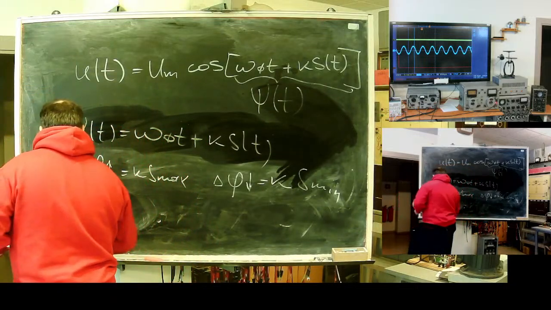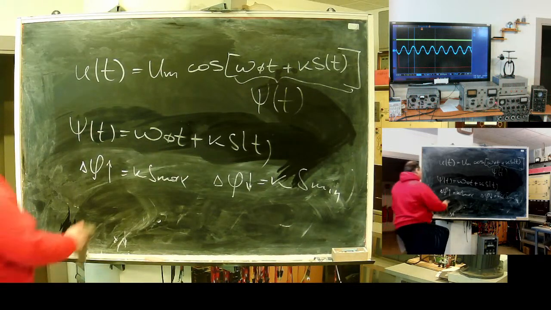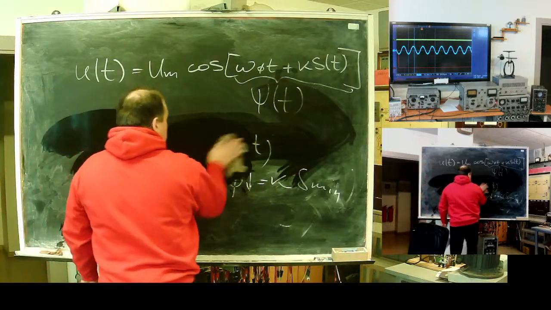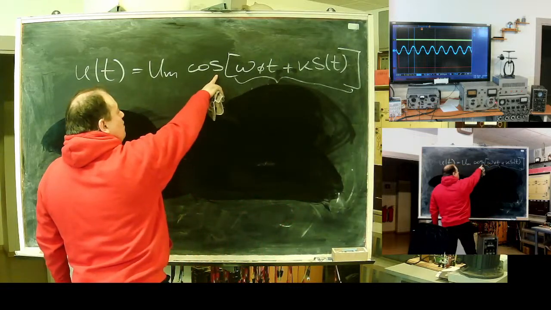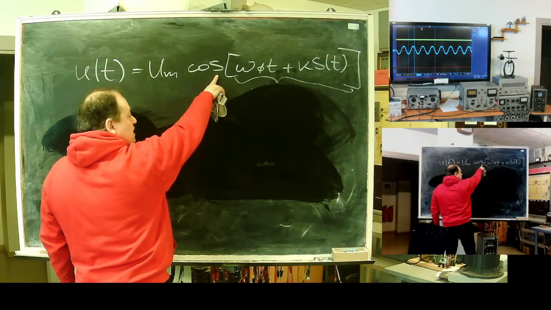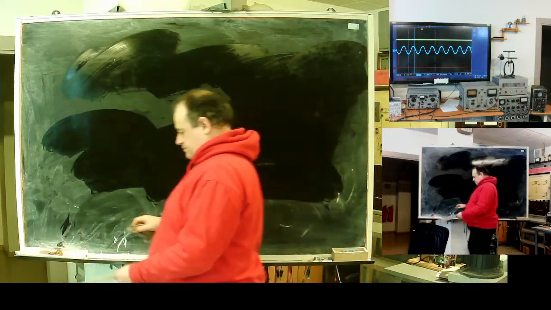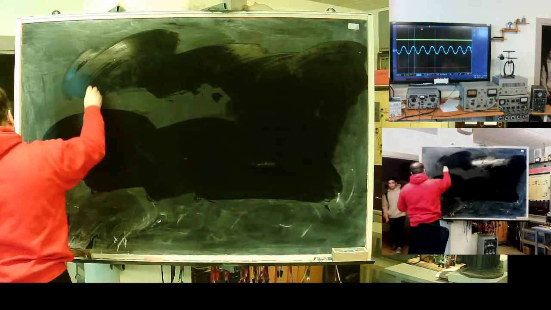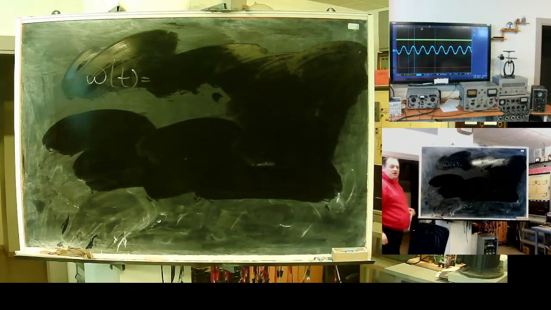What's the frequency of the signal? Idea. One way to determine frequency is to take the derivative. Here, cosine has an argument of some angle. If we take the derivative, we can speak about something called instant frequency.